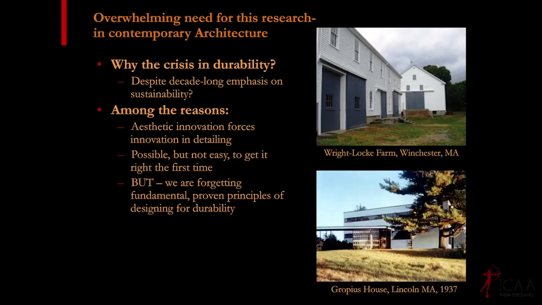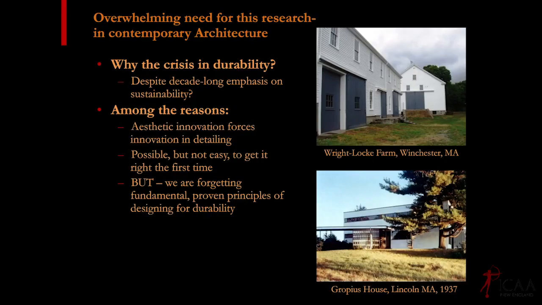So why then are we in this crisis of durability? In a way, it's really counterintuitive, because we have much more sophisticated materials today, waterproofing materials, structural materials. Architects and engineers are trained, educated and licensed today in a way that they weren't 150 or 200 years ago.